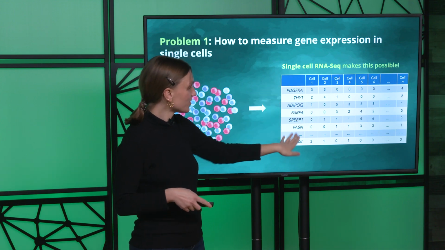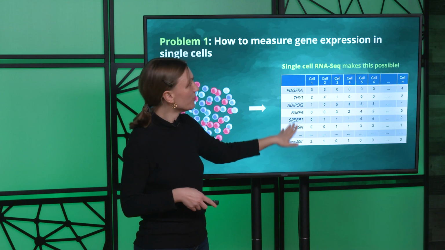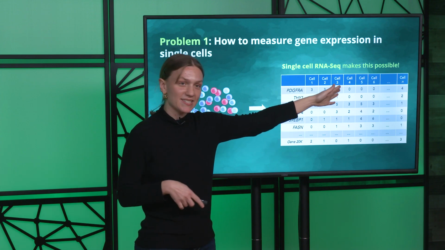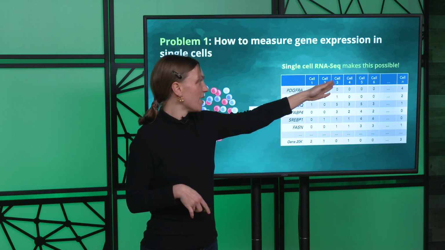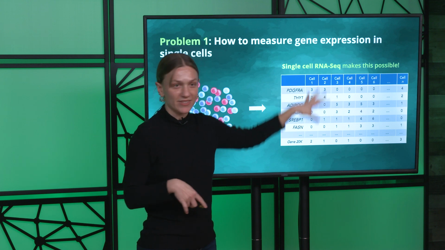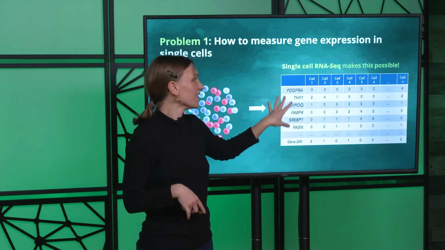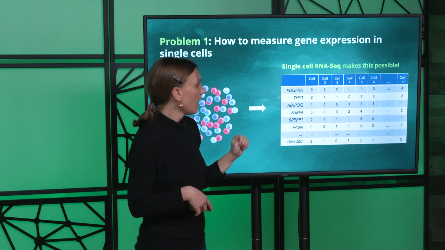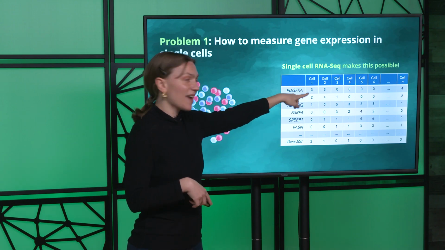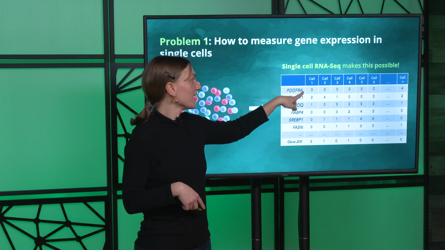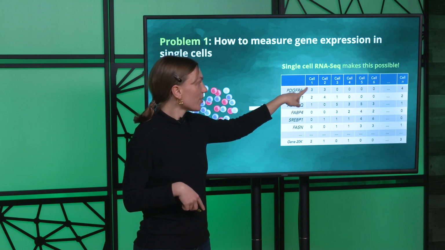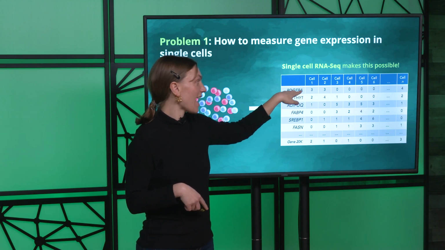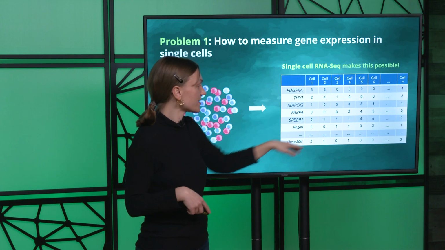You would have maybe 20,000 genes, one for every gene in the genome, and however many cells you profile in that experiment. For one of the data sets in the first challenge, this is roughly 150,000. Each value then tells us how many RNA molecules, or in other words, how active every gene is in each of these different cells.